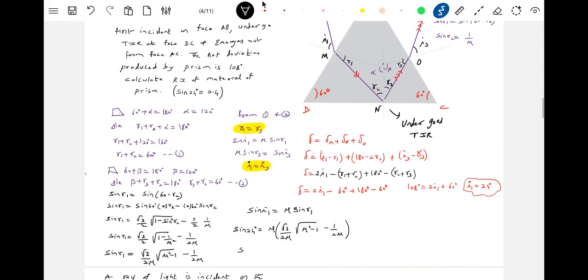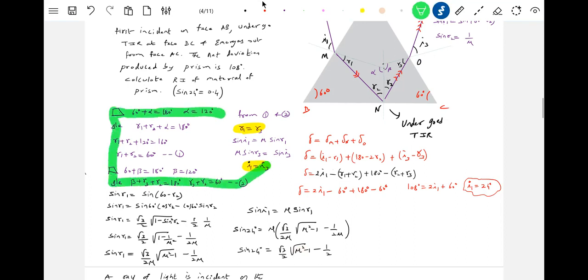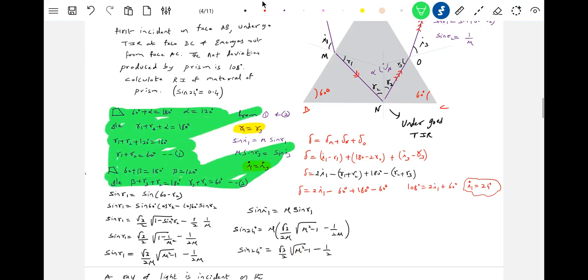So sine 24 degrees equal to root 3 by 2. Solving now, mu is the only unknown thing. If you see the breakup here, this part is some relationship between the angles. Let me shade it.